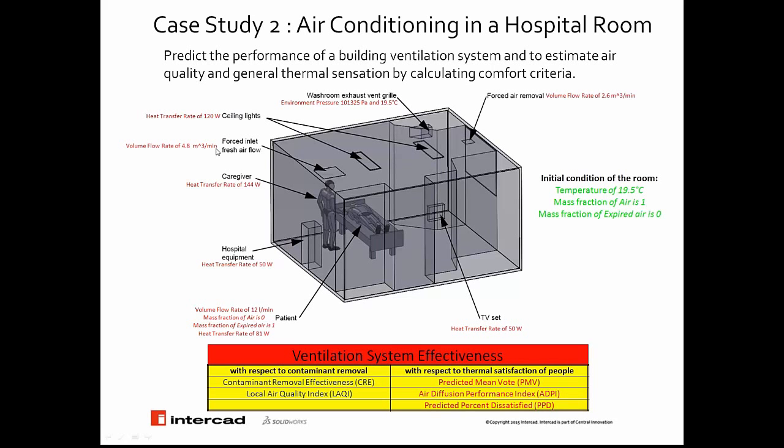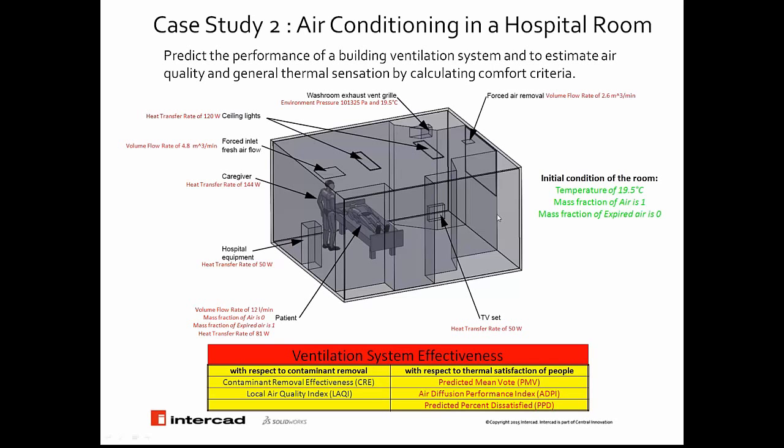Also, we have the patient's breath, which has a flow rate of 12 liters per minute. The mass fraction of fresh air at this source is 0. The mass fraction of expired air is 1, and the patient is also generating a heat transfer of 81 watts.